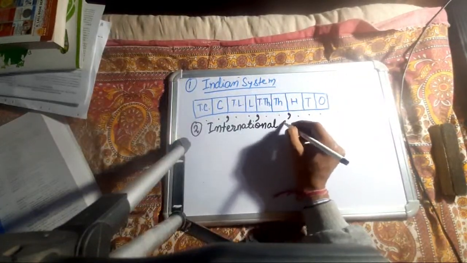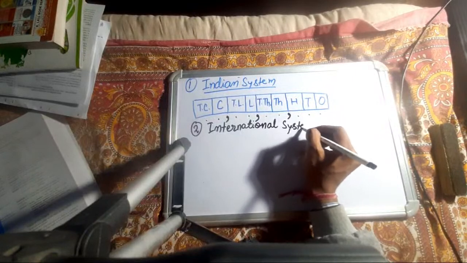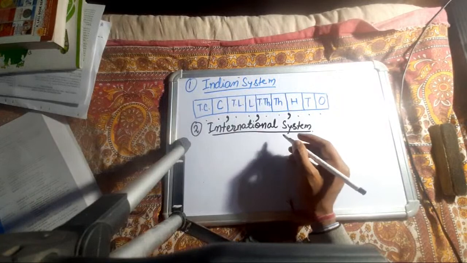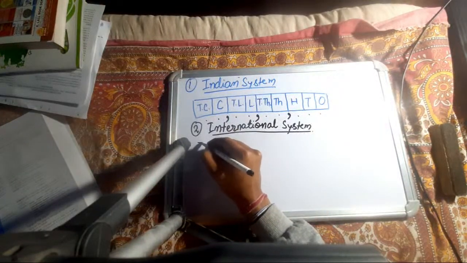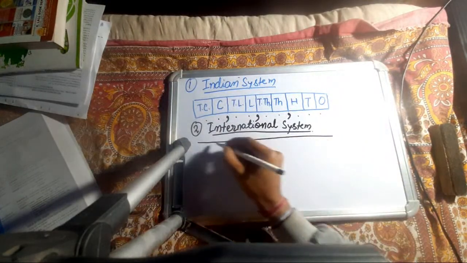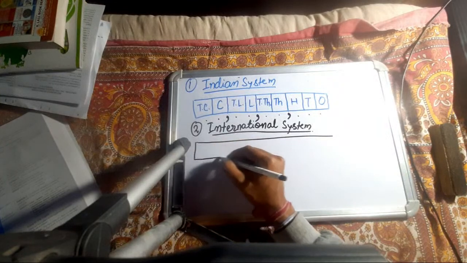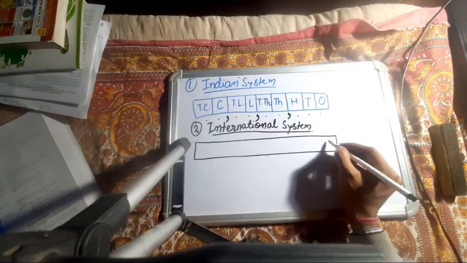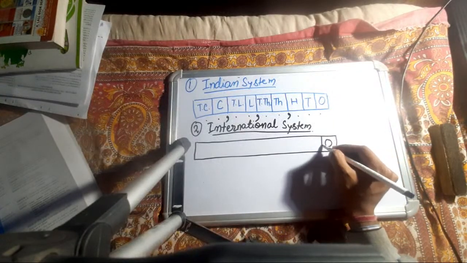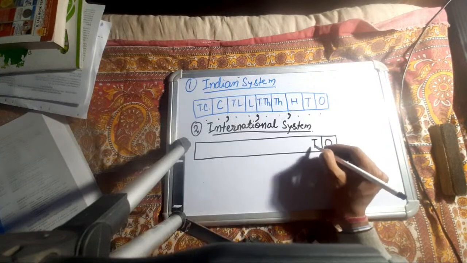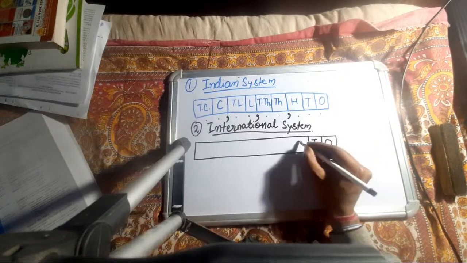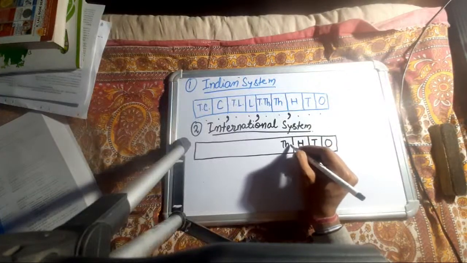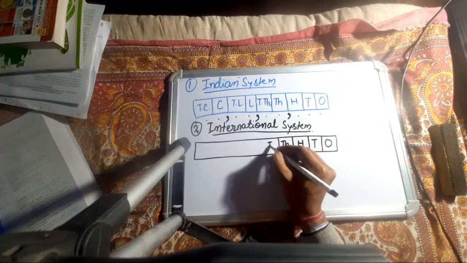International system. So let us compare this along with our Indian system. It will have the same ones as our Indian system, then tens, then 100, then 1000, 10,000.